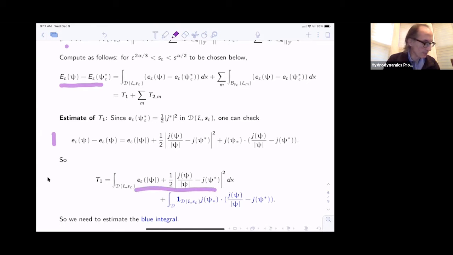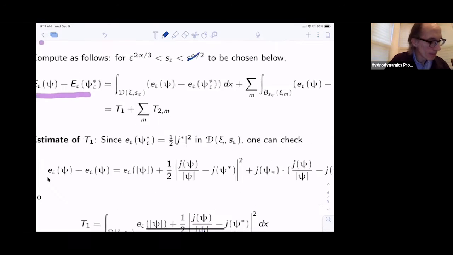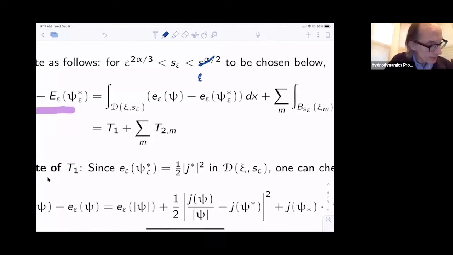The theorem says that E epsilon of psi minus E epsilon of psi star is bigger than this integral over a ball, for S epsilon being epsilon to the alpha over 2.